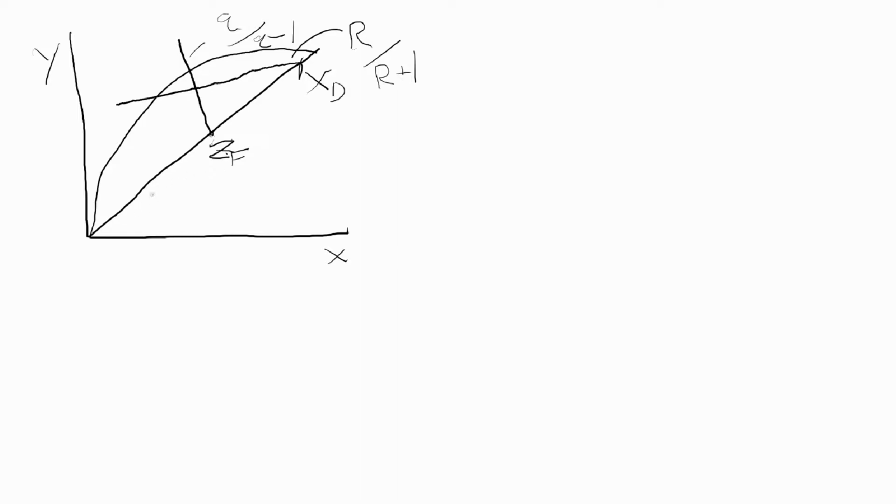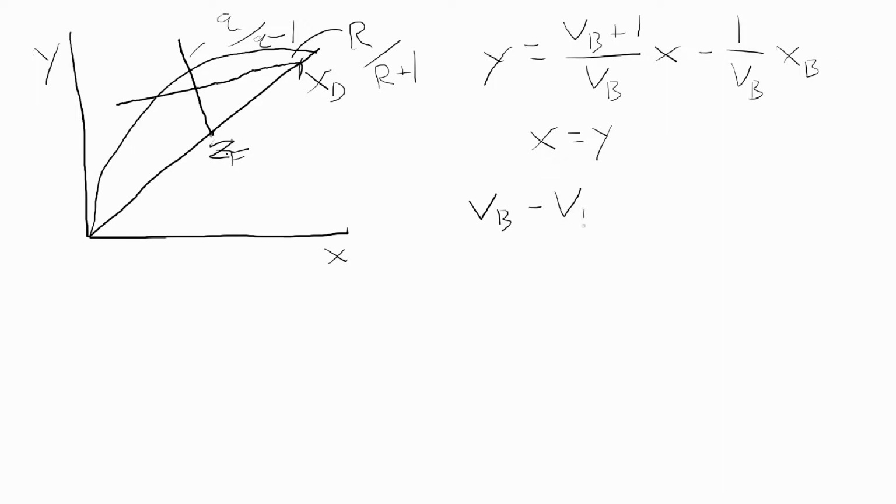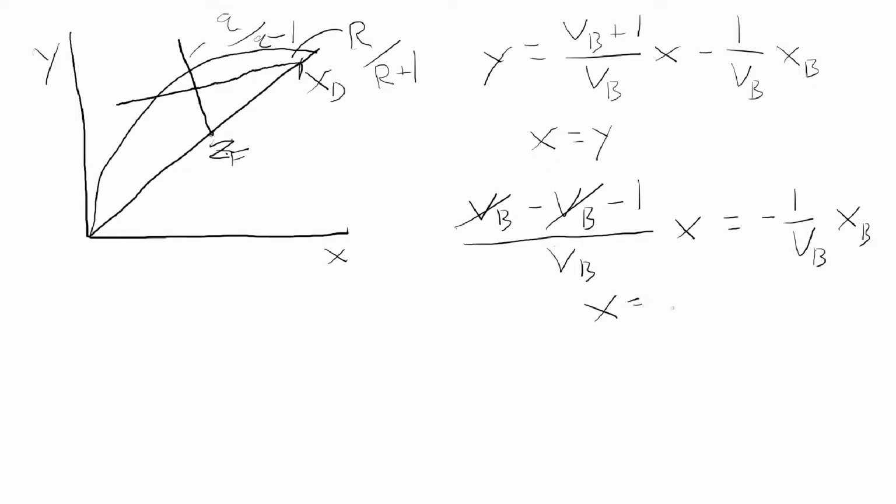Well, first of all, let's take a look at the stripping section operating line and its intersection point with the 45-degree line. To find the intersection with the 45-degree line, we simply set x equal to y in this equation, and we get, so the VB's cancel out, and we simply get that x is equal to xb.